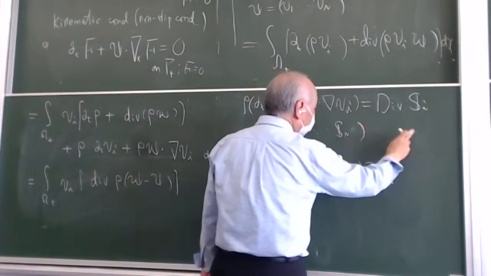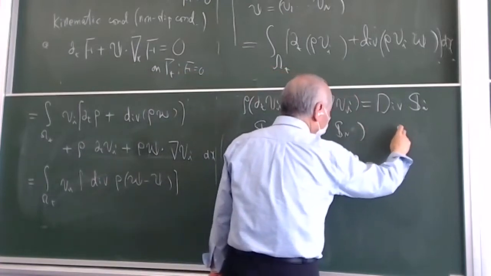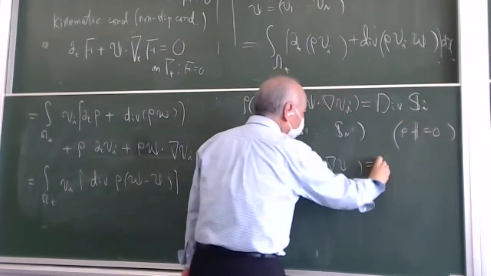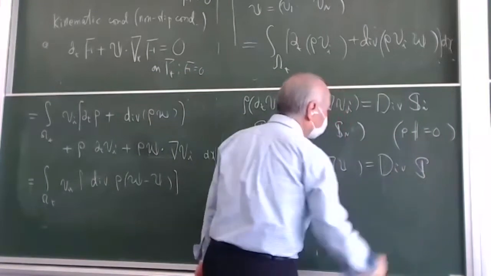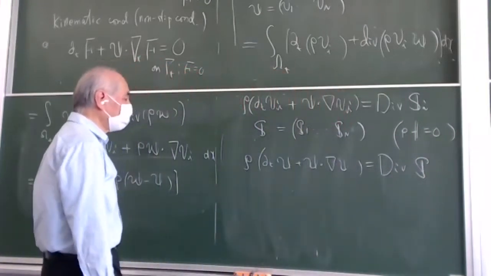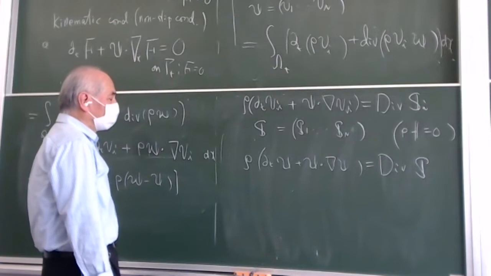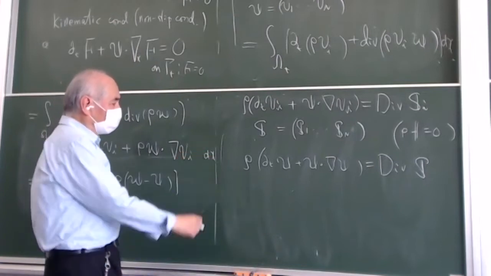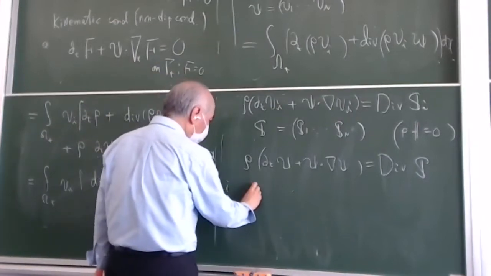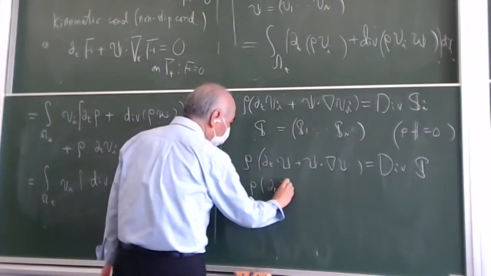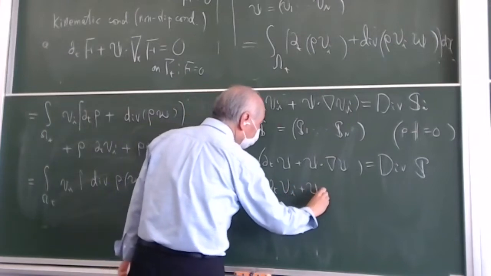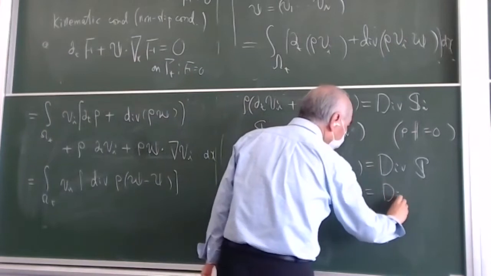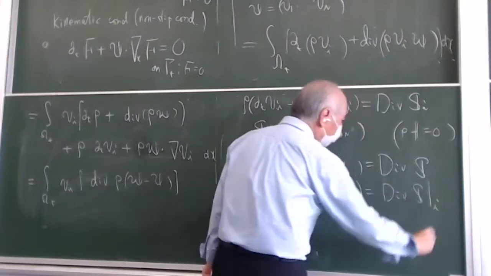Now we forget the rho f. We consider the rho f equals 0 case. Therefore, this is this. This is the vector representation. Then for each ith component, this is equal to the divergence of the ith component.